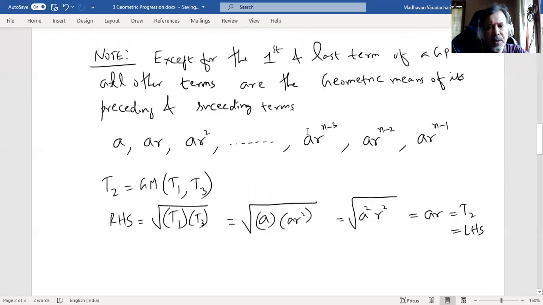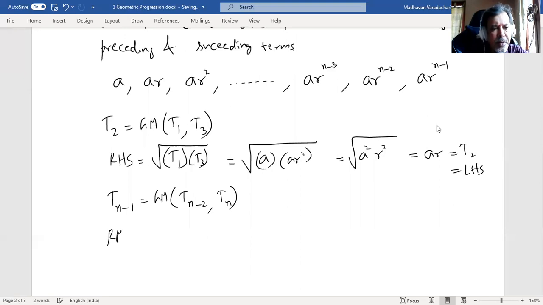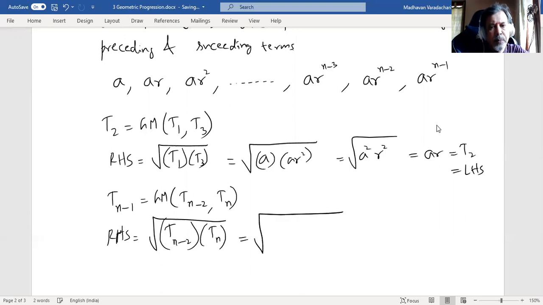Same way, let us do it for this: term n minus 1 should be the geometric mean of term n minus 2 and term n. Consider again the RHS. The RHS is the square root of term n minus 2 times term n, which is equal to the square root of A R power n minus 3 times A R power n minus 1.